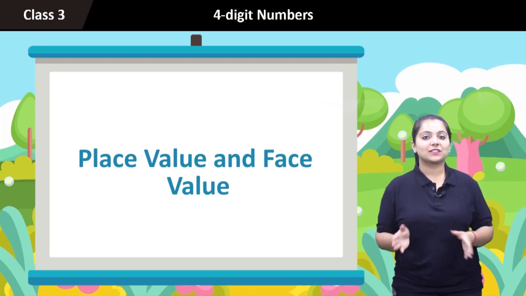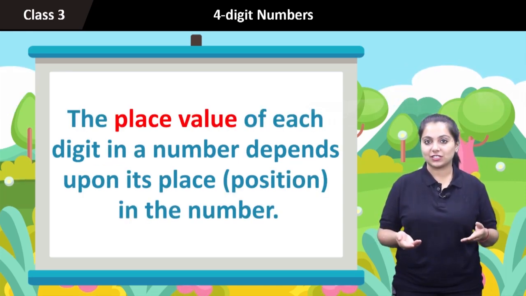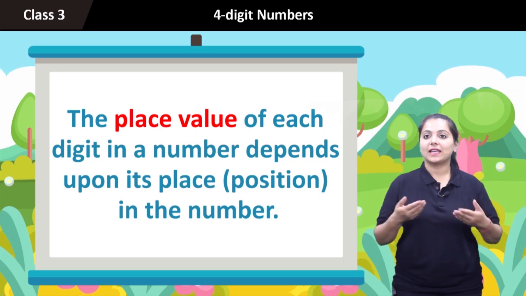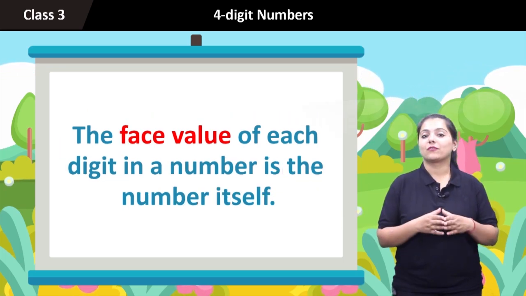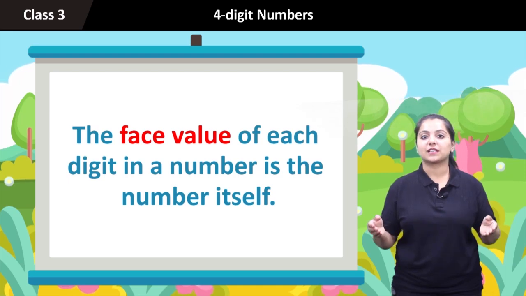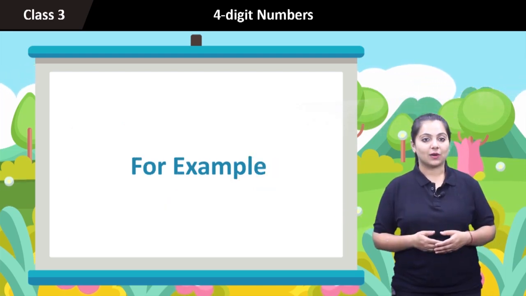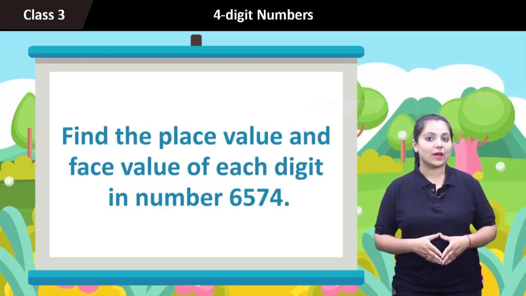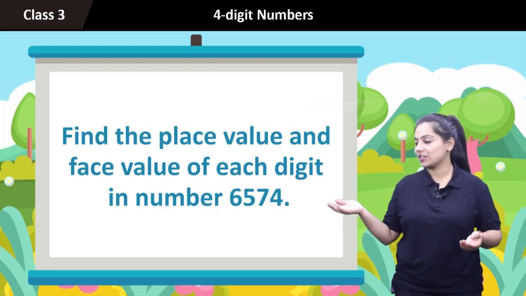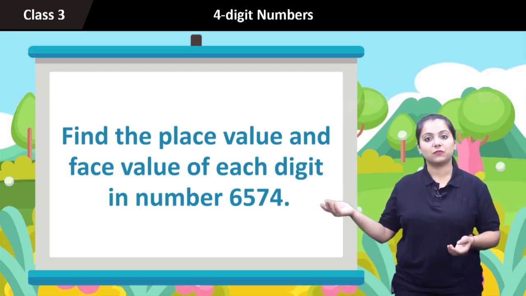Place value and face value. The place value of each digit in a number depends upon its place, that is, position in the number. The face value of each digit in a number is the digit itself. Now let's do one example. Find the place value and the face value of each digit in the number 6574.